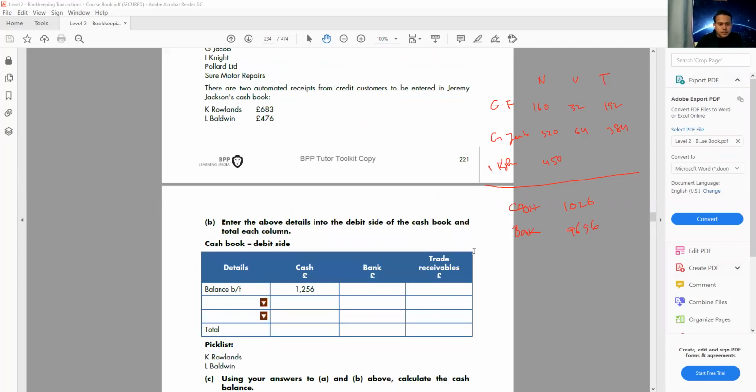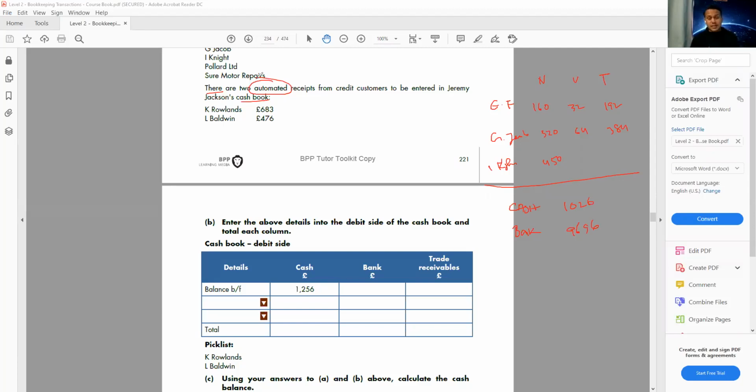All right. We can see all of this here. They said there are two automated receipts from credit customers to be entered in the Jeremy Jackson cash book. So what does automated mean? Automated means the money is received by bank.